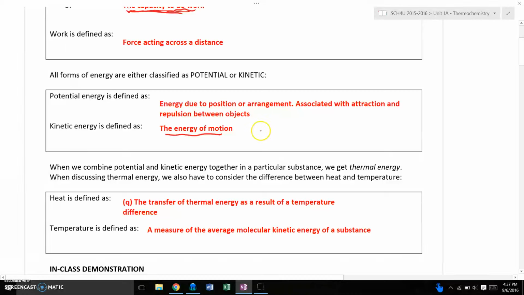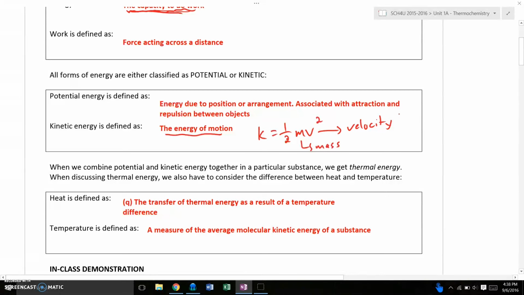Kinetic energy, we can define as K, and it equals just 1/2 of mass times velocity squared. So it's really two things involved in the energy of motion: how much something weighs and how quickly it's moving. So again, m is mass, v is velocity.